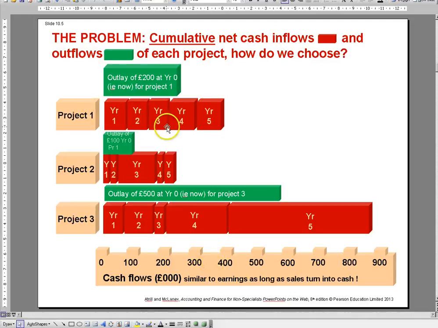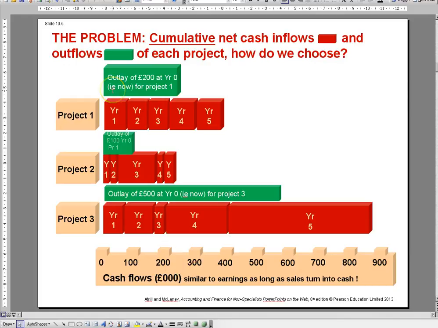Project 1 is giving reasonably regular cash inflows that total £400,000 over 5 years. However, our outlay is £200,000. And that outlay is made at year naught, now.